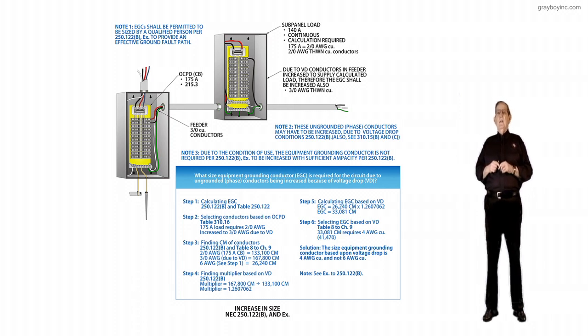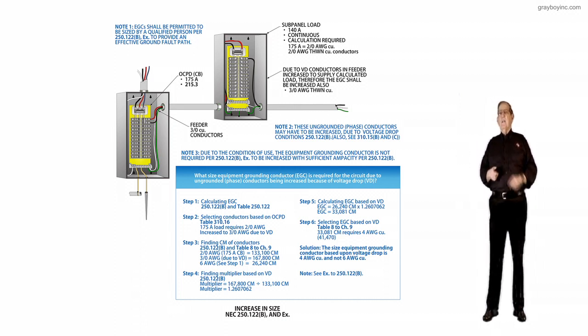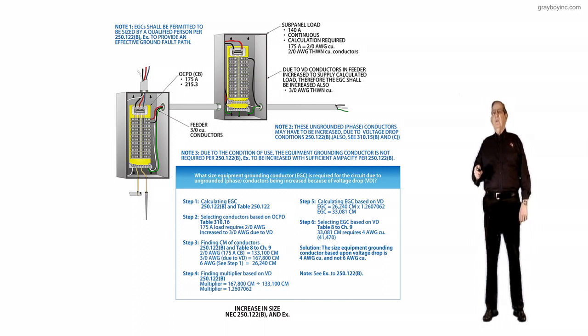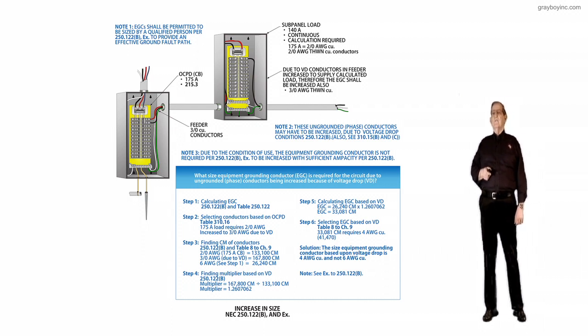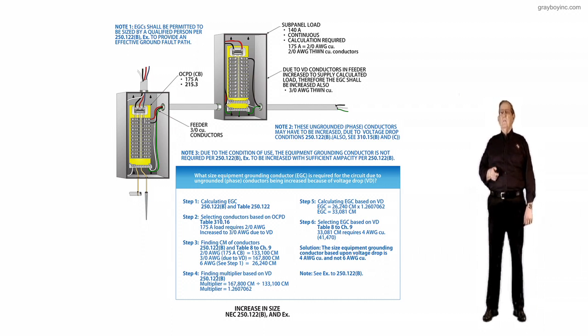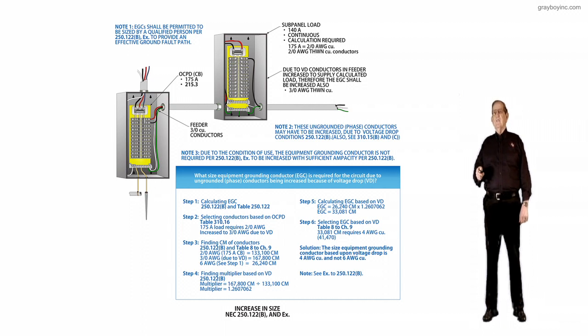1.2607062. Now, we'll go to step 5, and we take that multiplier times the original size of the equipment grounding conductor, which was number 6, 26,240. We do the math of multiplying the multiplier times it. We come up with 33,081 circular mils. Now we go to Table 8 in Chapter 9 again at the back of the code book.